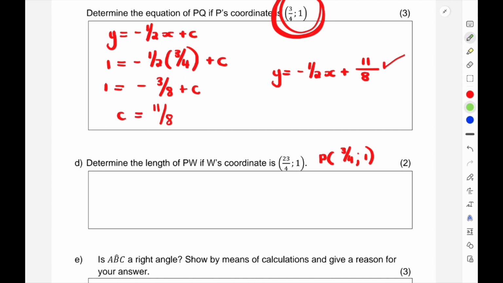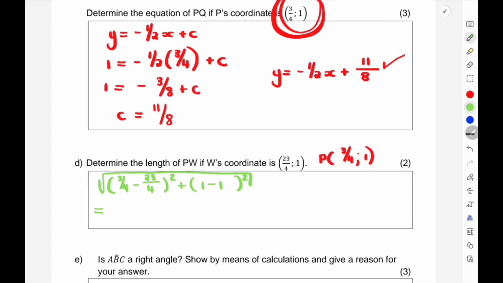Okay, all right, so the distance is the square root of the two x values subtracted. So the two x values is 3/4 minus 23/4 squared, and the two y values subtracted squared.